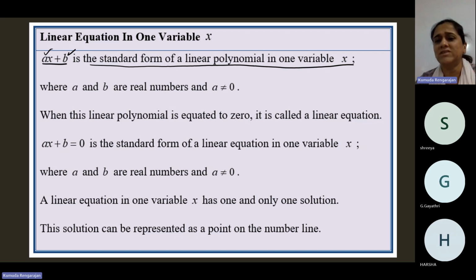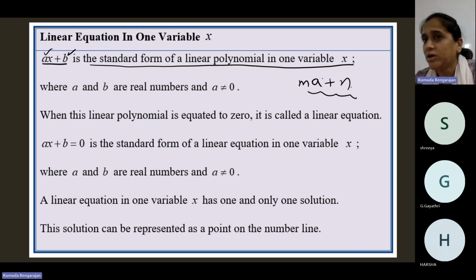If the variable is a, then you should call it ma plus n. ma plus n is the standard form of a linear polynomial in one variable a, where m and n are real numbers and m is not equal to 0. That's all it is.